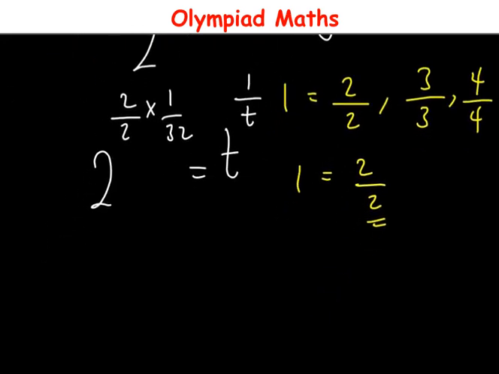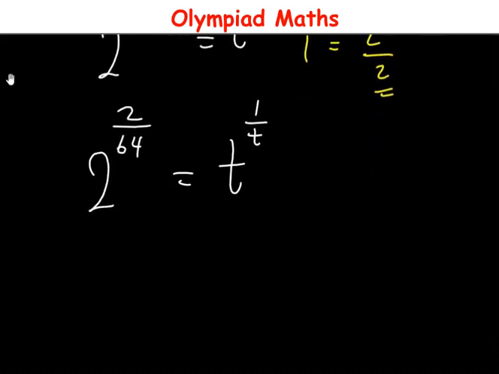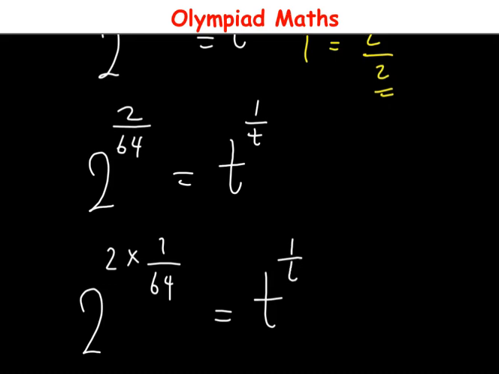So from here, we have 2 raised to power 2 times 1 is 2 over 2 times 32. The value is 64, which equals t raised to power 1 over t. So the next thing for us to do is to factorize out power 2 from here. So we have 2 raised to power 2 times 1 over 64, which equals t raised to power 1 over t.